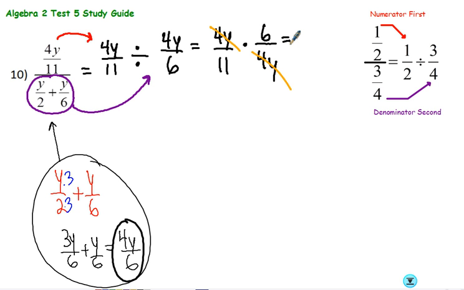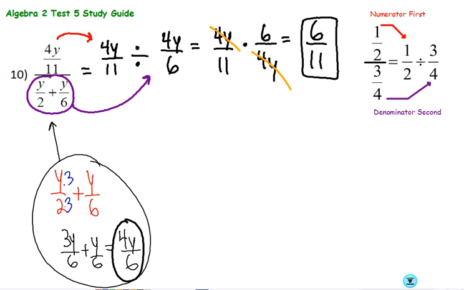And then what's left over would be 6 over 11. So it started off with a kind of freaky looking fraction, but once we combined the two fractions on the bottom over here and then rewrote it, it wasn't too bad. Alright, the finish line is within sight. Hang in there. Try number 10 in the middle, and then we're almost finished with this thing.